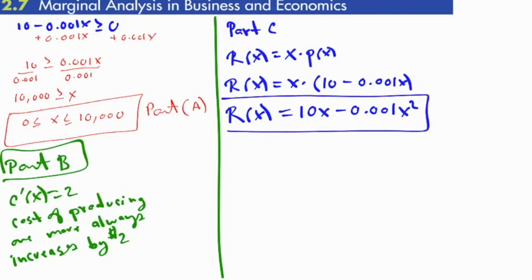So for part C, we have the revenue function is 10x minus 0.001x squared. And its domain is the same as the price function. You can take each factor of the revenue function and set it greater than or equal to 0 to come up with the domain. And the domain we see matches what we have for the price function.